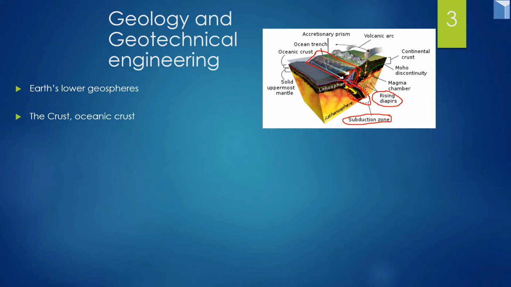The materials here, known as magma, can find their way up to the surface of the earth through the dikes and the sills and the openings in the continental plate to show up as volcanic eruptions.